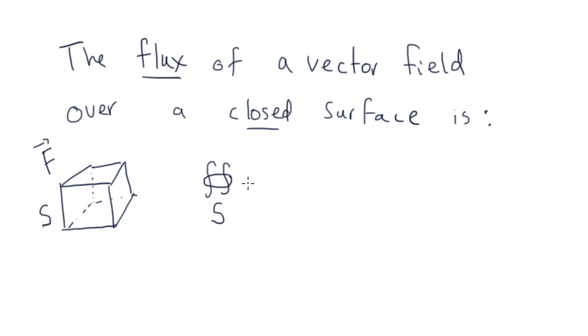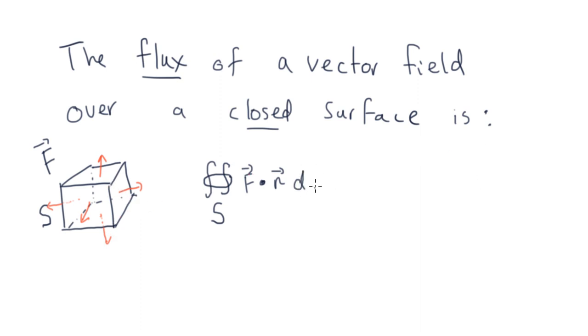Of what? Well, what we're going to do is take the component of the vector field that's in the normal direction. So essentially, pictorially, the part of the field that's going straight out of the surface, like that.